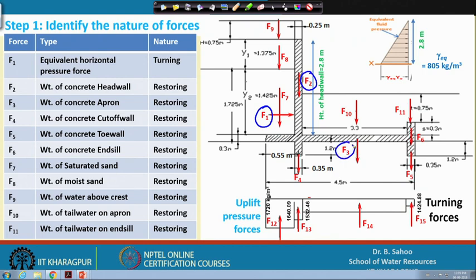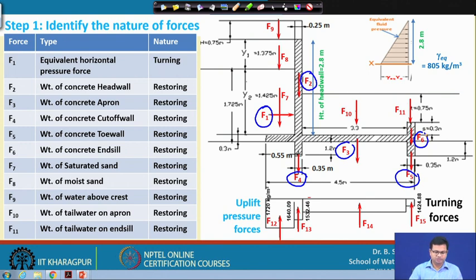F4 is the weight of concrete cut-off wall. F5 is for toe wall. F6 is for concrete end seal. F7 is weight of saturated sand, because in this condition, if you consider the drainage type B, you know that this is my water table.